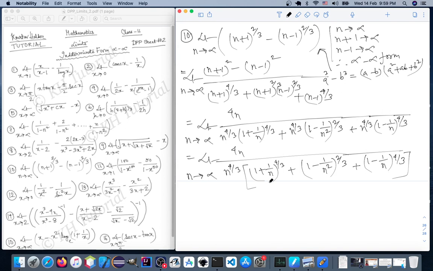When n is tending to infinity, this whole term will become 1 plus 1 plus 1, 3, because all the 1 by n and the 1 by n square terms will become 0.